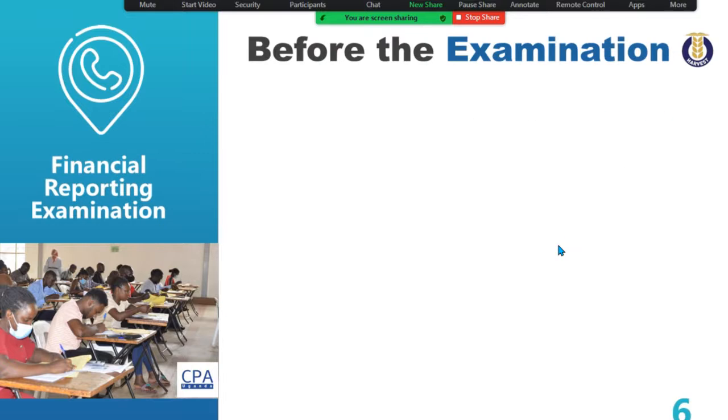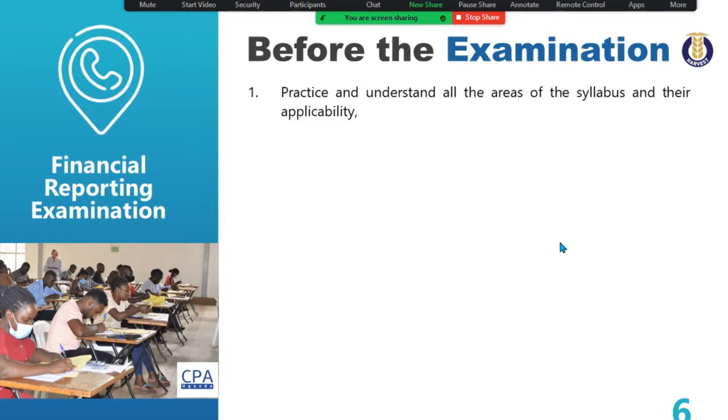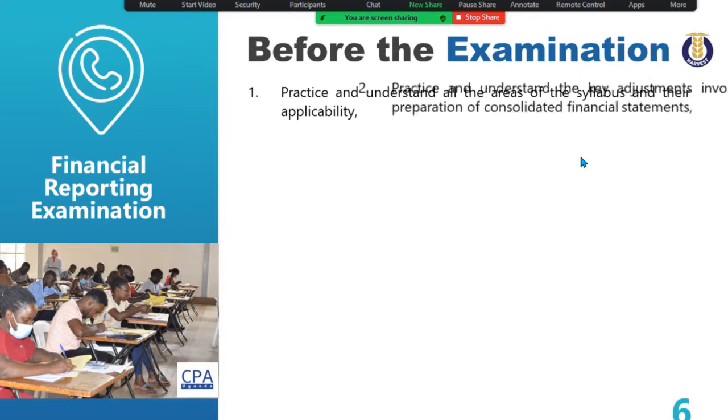So those are going to be tested during the examination. Then of course, before the examination, you should practice and understand all the areas of the syllabus and their applicability. It is of course expected that you would cover the entire syllabus, not leaving out anything within the syllabus.